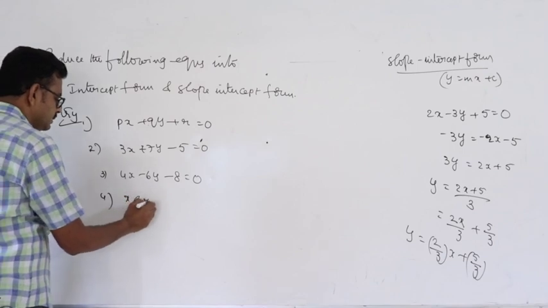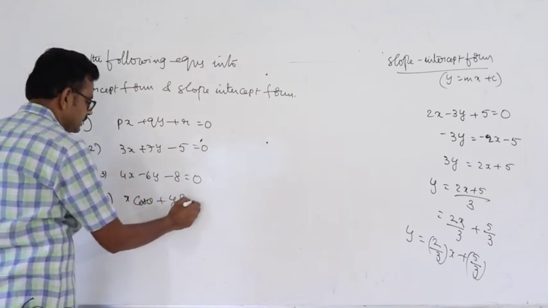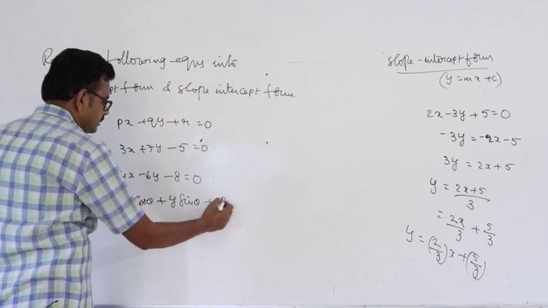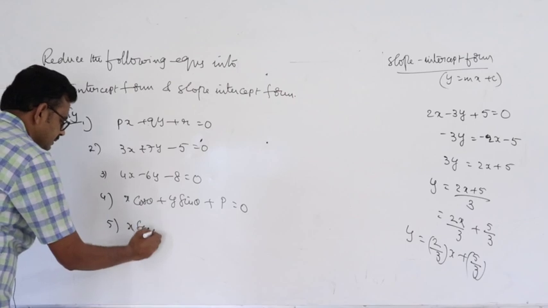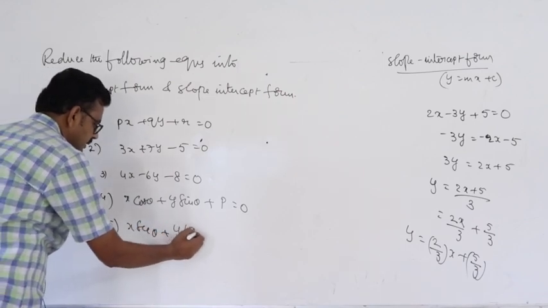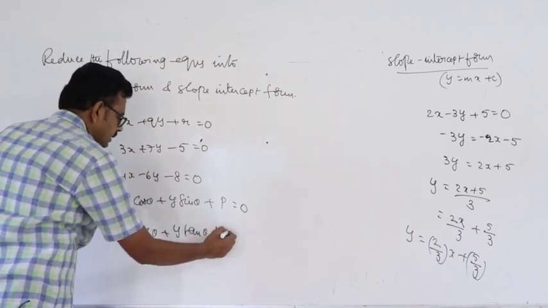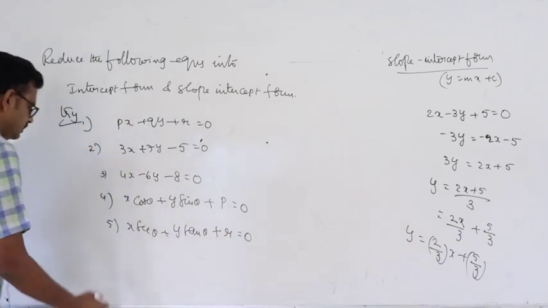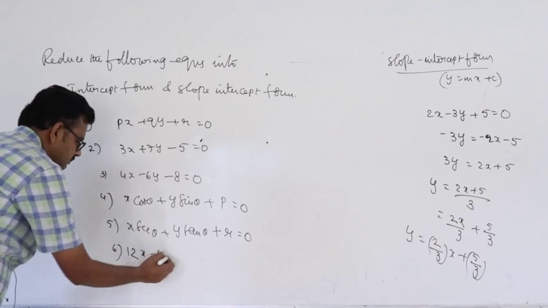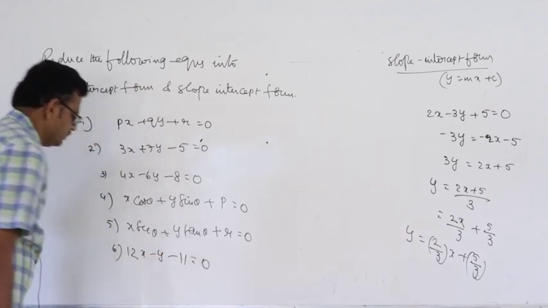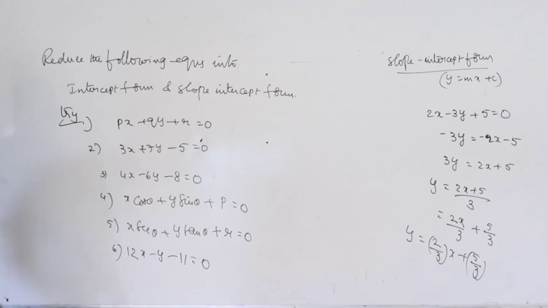X cos theta plus y sin theta plus p equal to 0. X secant theta plus y tan theta plus r equal to 0. 12x minus y minus 11 equal to 0. Okay? Slope intercept form and intercept form.